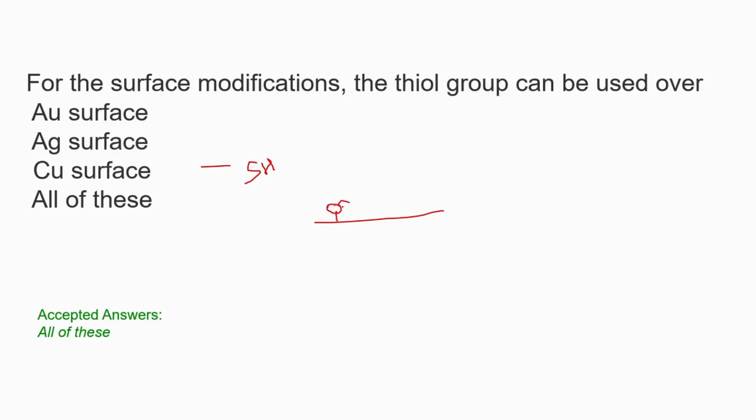This can be a thiol group. And then we can have the spacer molecules and the terminal functional group.